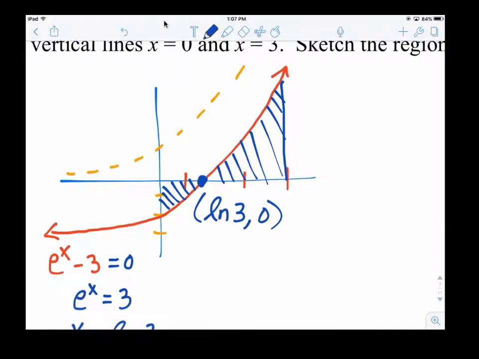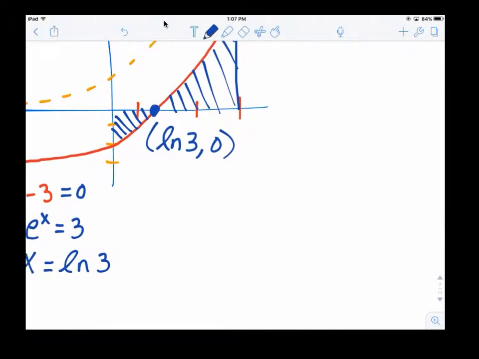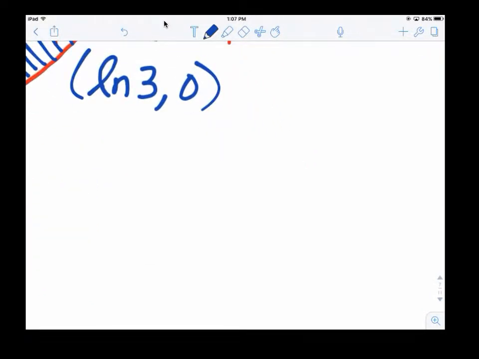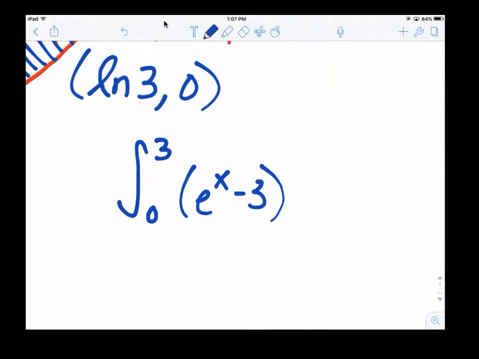Now, if I just do the integral from 0 to 3 of that function, it's not going to give me the total area because of this piece right here, correct? So I can break it up if I want. I have 0 to 3 of e to the x minus 3.